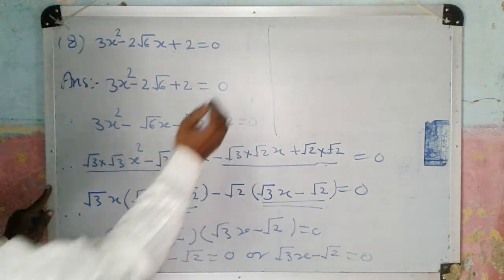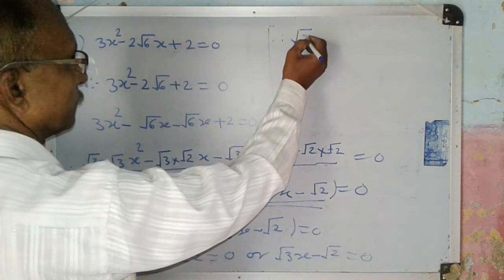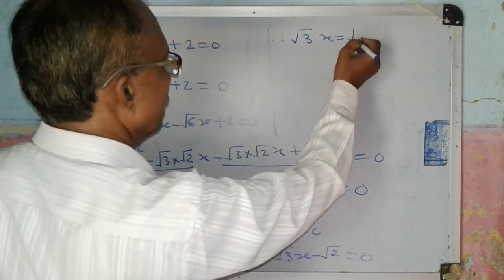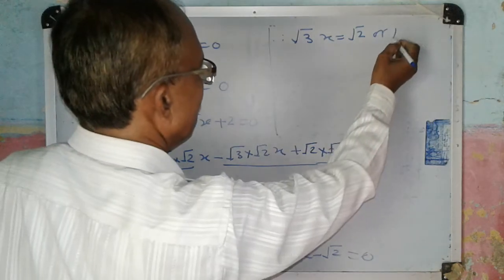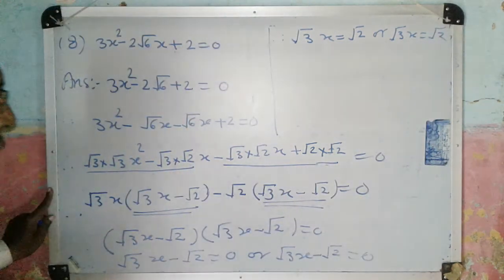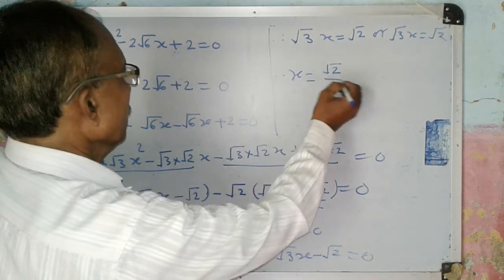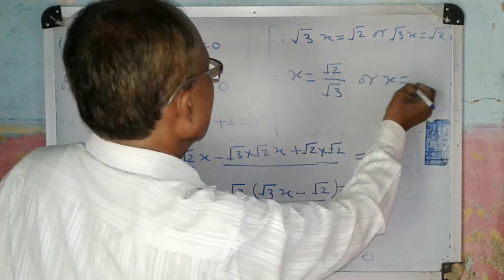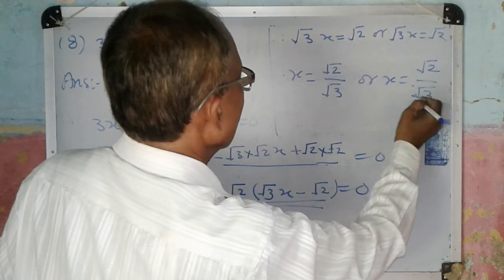Now see here, and therefore from this equation we get root 3x is equal to root 2, or root 3x is equal to root 2, and therefore x is equal to root 2 upon root 3, or x is equal to root 2 upon root 3.